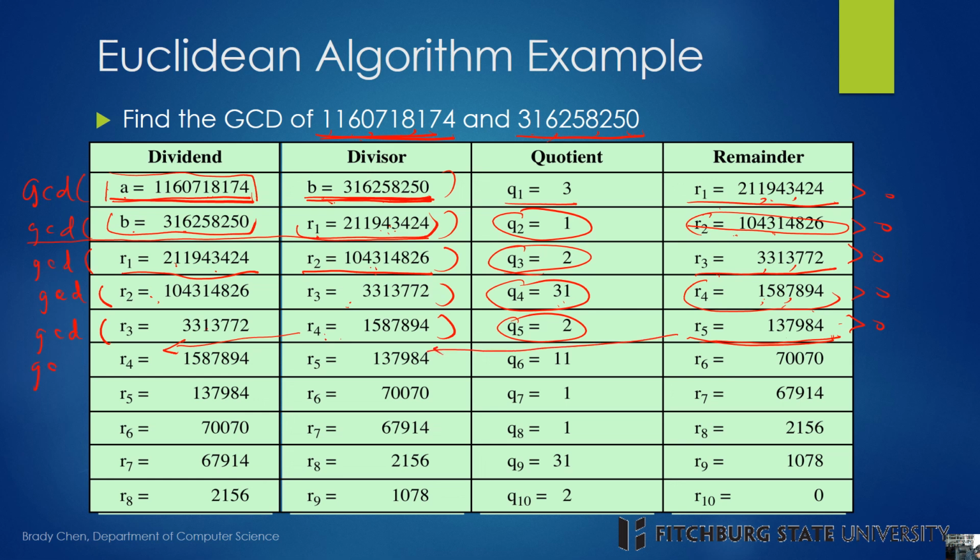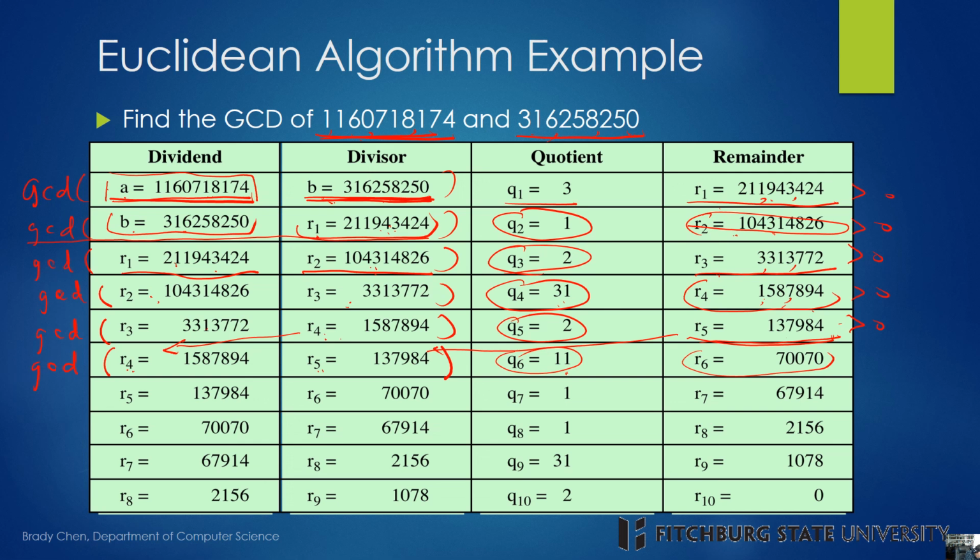So now the original problem, after a couple of steps, turned into a problem of finding the GCD of R4 and R5, which is a much smaller problem, right? And then when we divide R4 by R5, we got a Q6, that's 11, and the remainder R6.